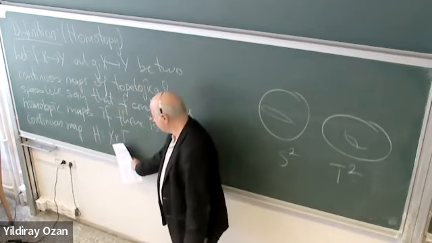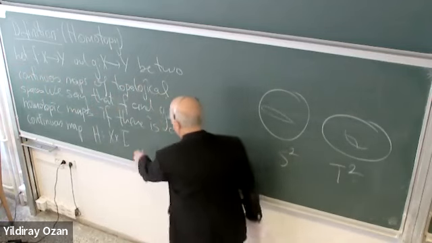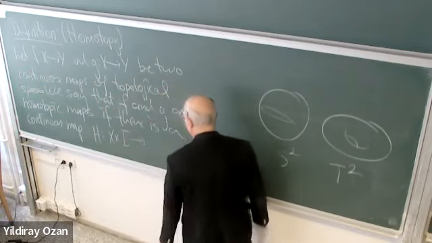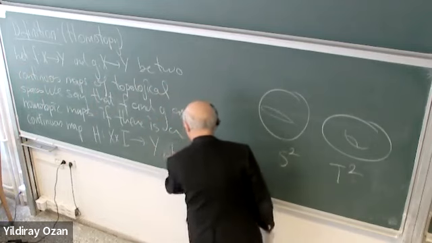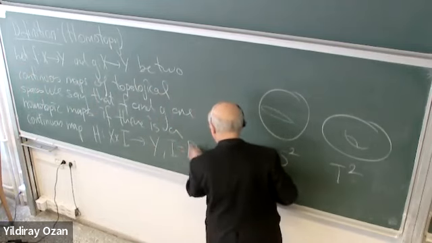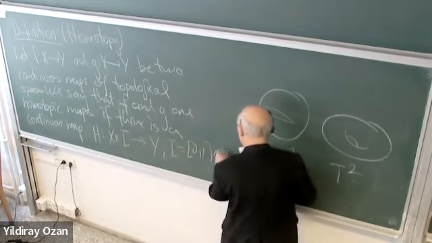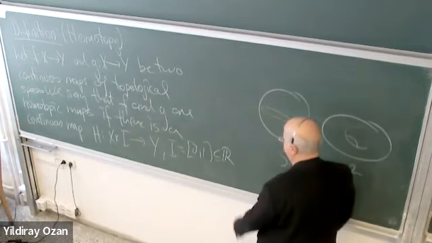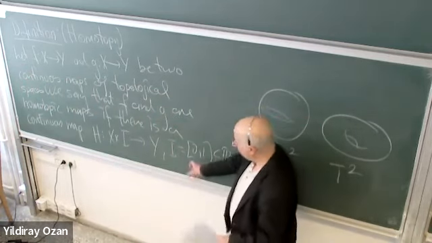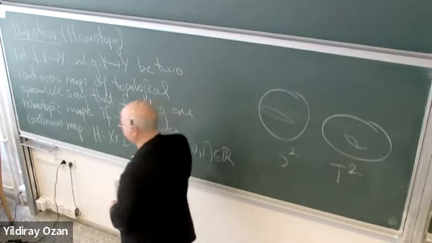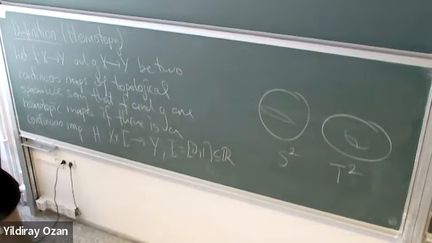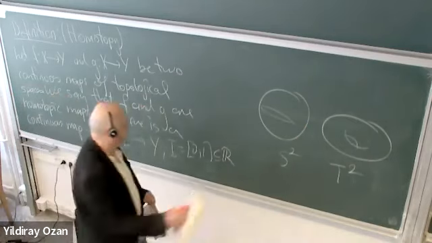Here I have the space X, and this is the interval I. I is just the interval [0,1], considered as a subspace of R, so the topology on [0,1] is just the topology inherited from the real line.